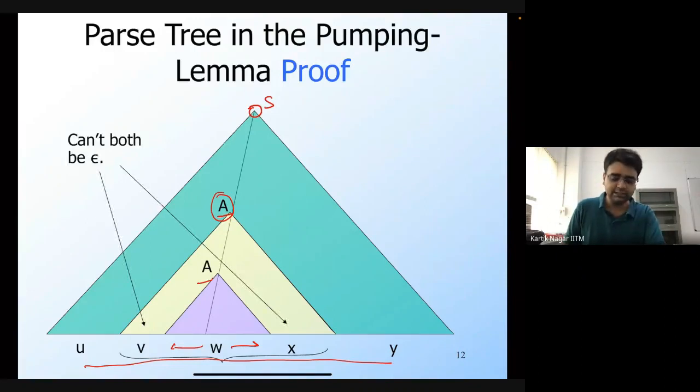Obviously, since we have removed epsilon from the language, both this V and X cannot be epsilon.